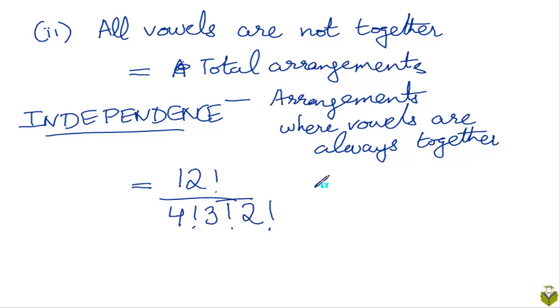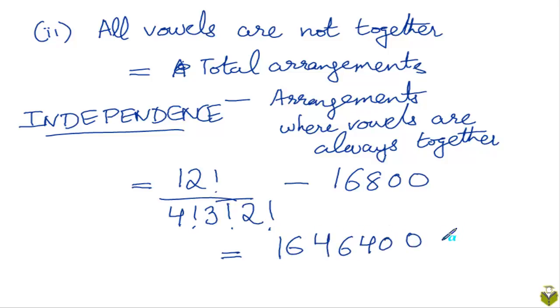This was a problem which we covered before, and part 1's answer was 16800, and if you subtract 16800 from here, you will get 1646400. This is the right answer.